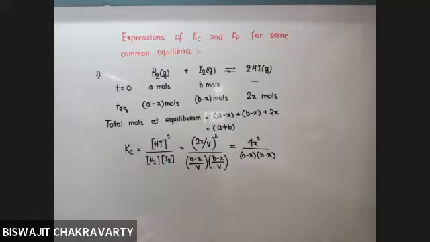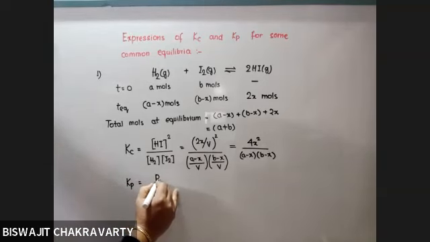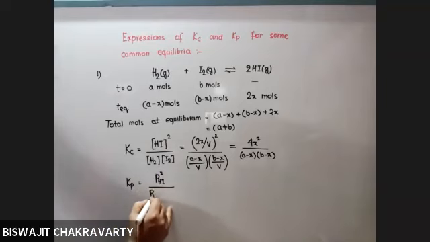Yes sir, clear. Okay. Now let us try to write down the expression of Kp. Now Kp is nothing but the ratio of partial pressure of HI squared by partial pressure of H2 into partial pressure of I2.